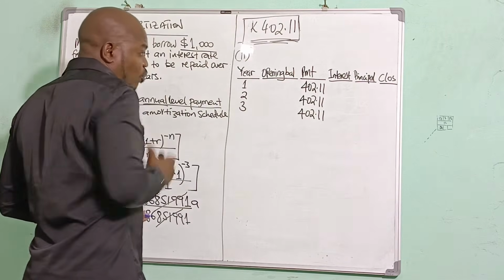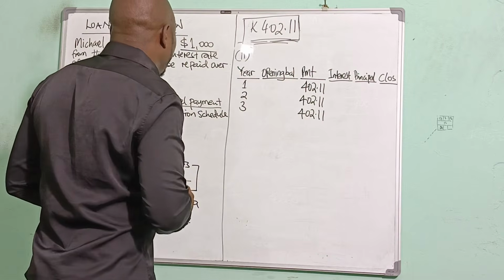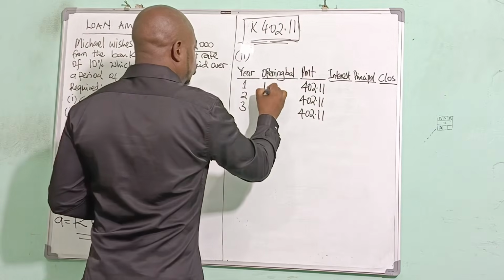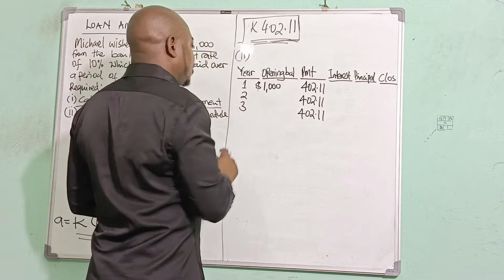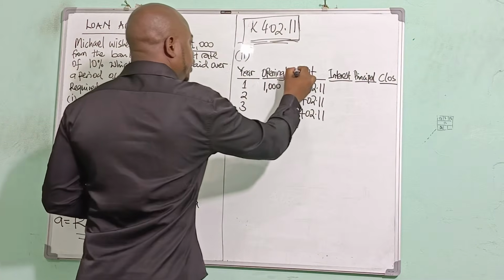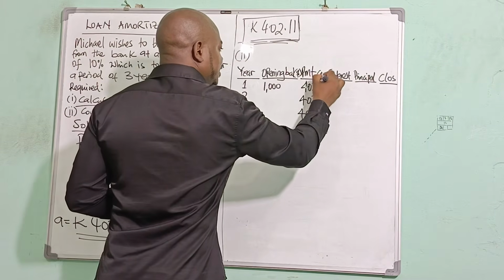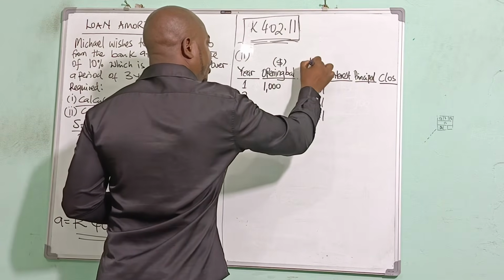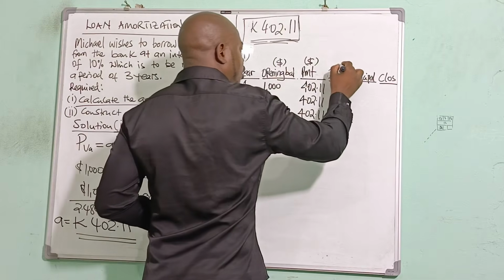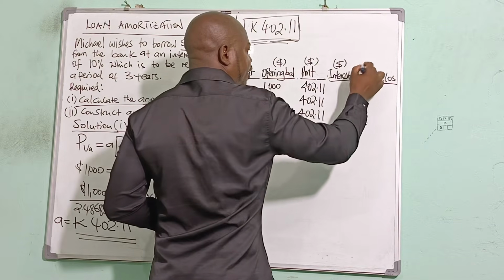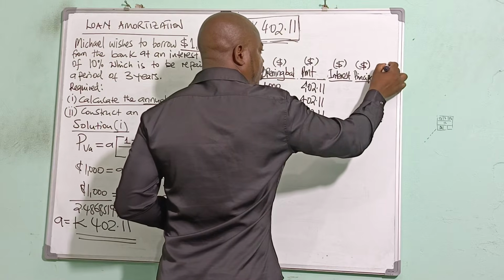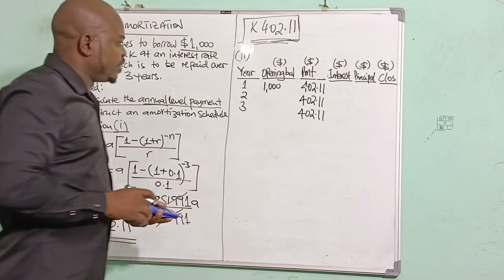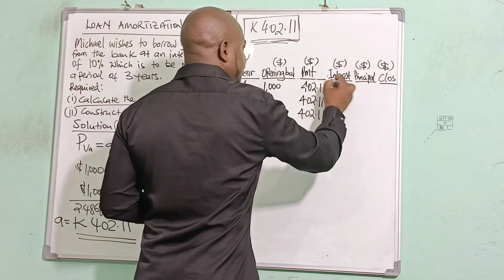So what is the opening balance of this loan? The opening balance, of course, is 1,000, which Michael borrowed. So we have the $1,000 there. We know these are all dollars.